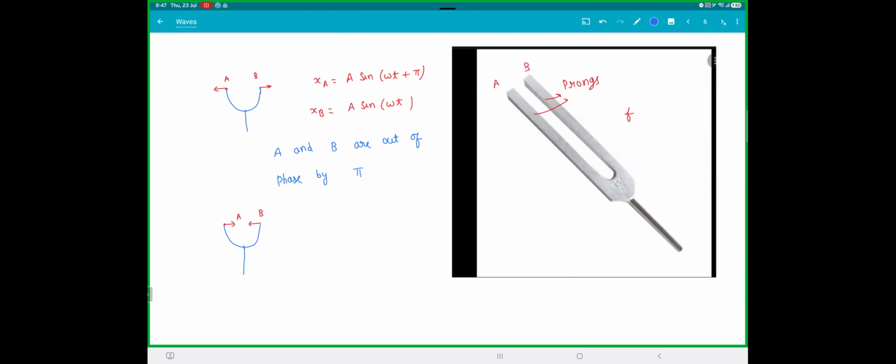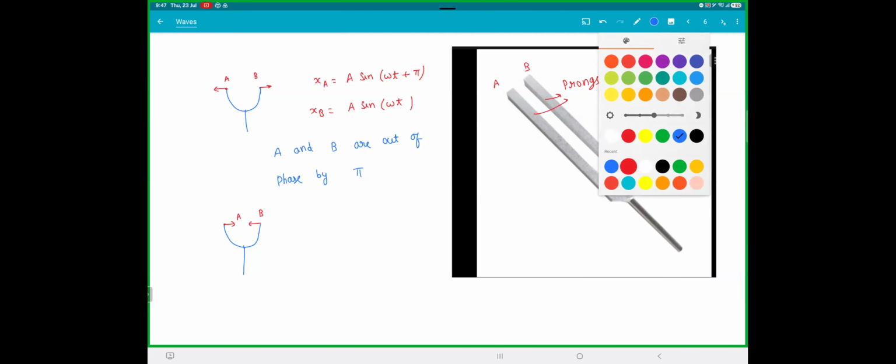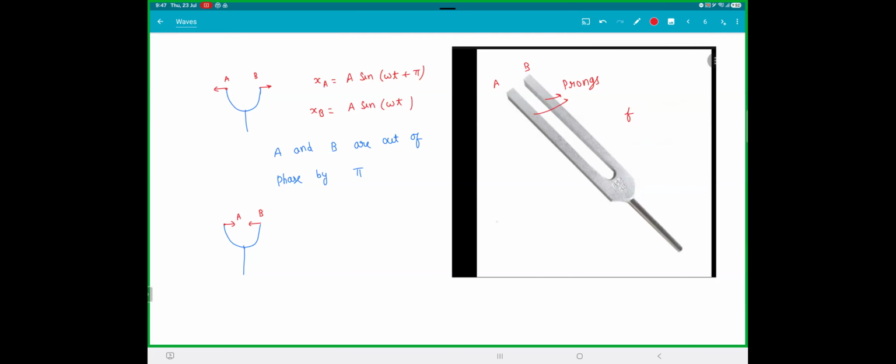How do you change the frequency of a tuning fork? There are ways to change the frequency. You can add weights. By adding weight to the tuning fork, you can change the frequency. If you put some wax or attach some weight, frequency decreases.